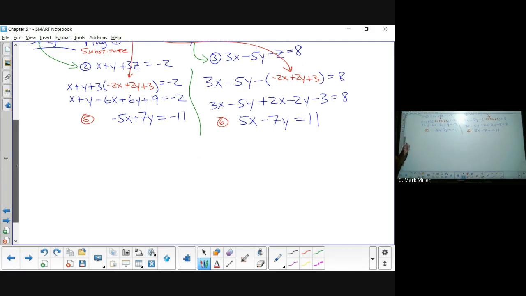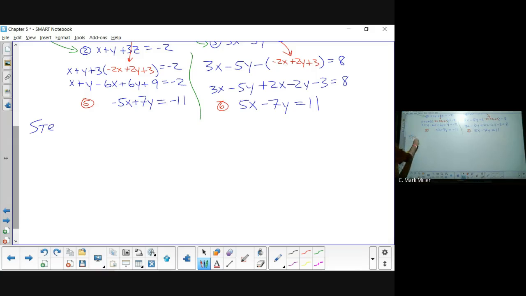So step 3 is solve. You're going to solve 5 and 6. All right? Solve 5 and 6. But when you see that they're the same, here's what I would do. How would you solve 5 and 6 by substitution? You would solve for x or y in one of them and plug it into the other one.